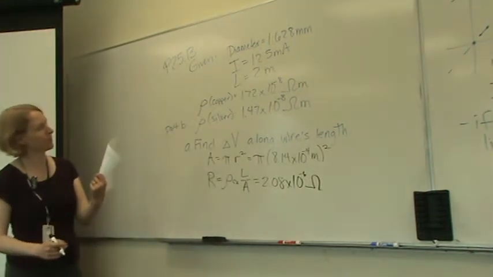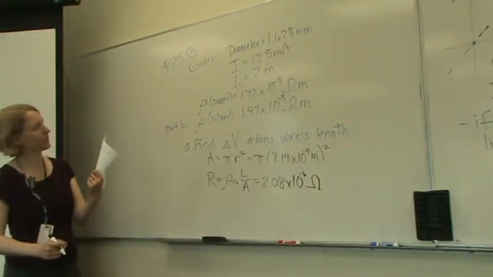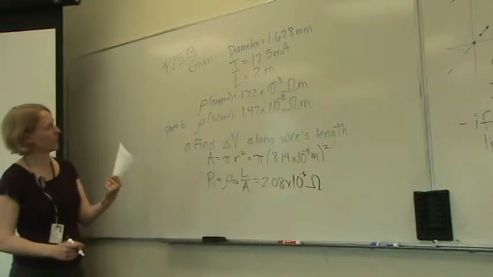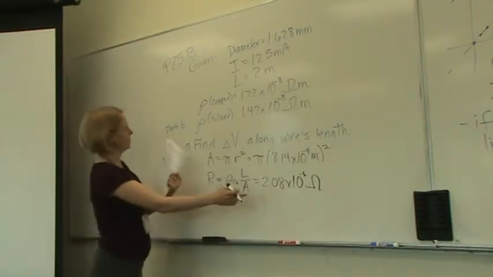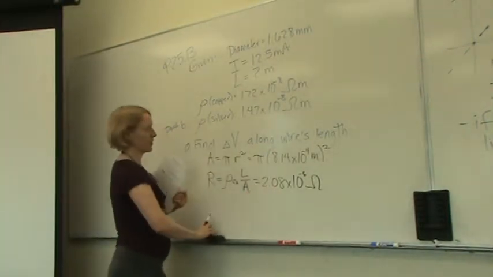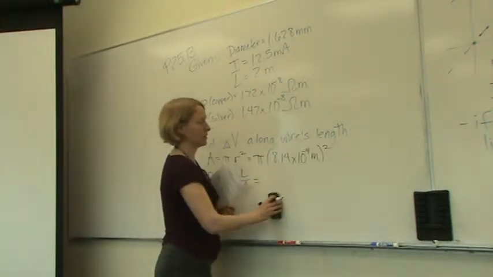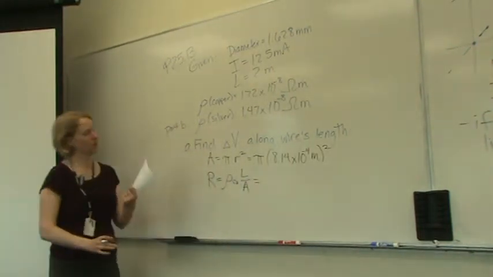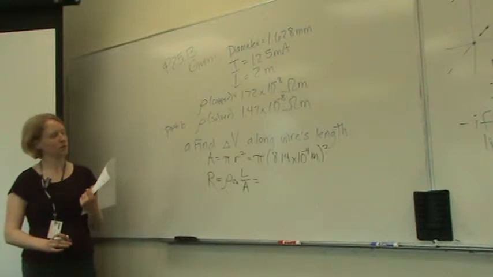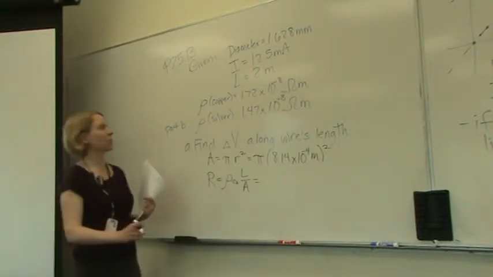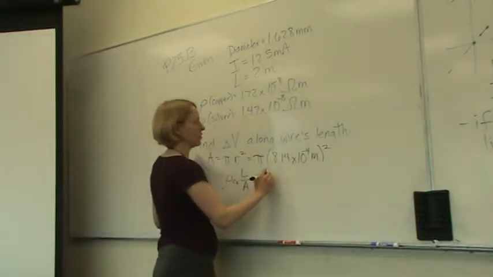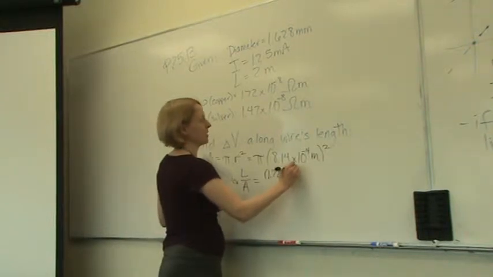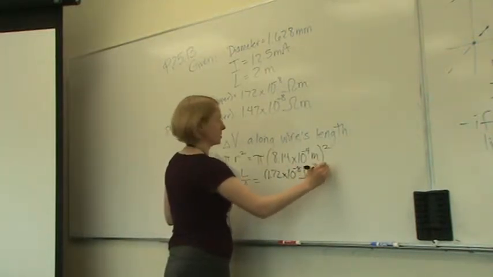So times the amperage, which is 0.0125 amps. So this number is not correct. Yeah, this isn't correct. So the number we're putting in here, we have 1.72 times 10 to the minus 8 ohm meters.